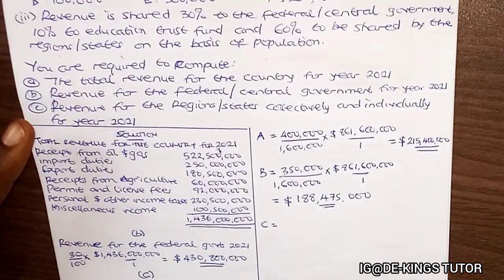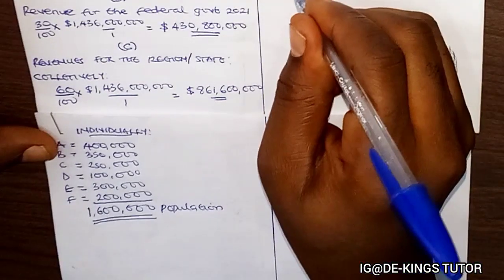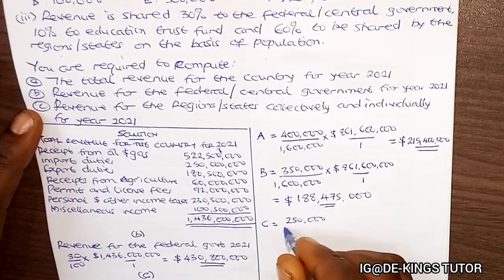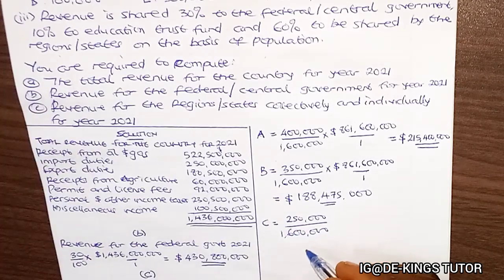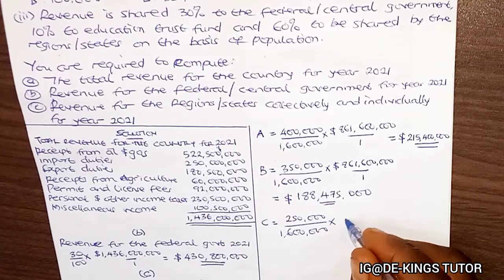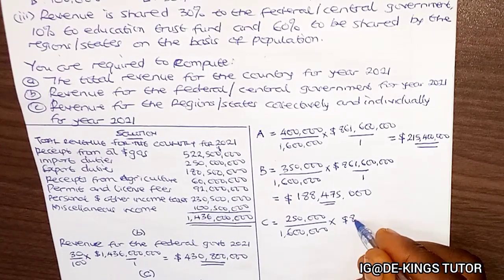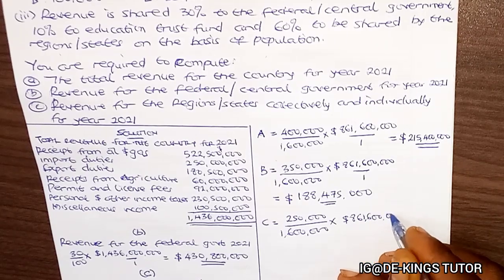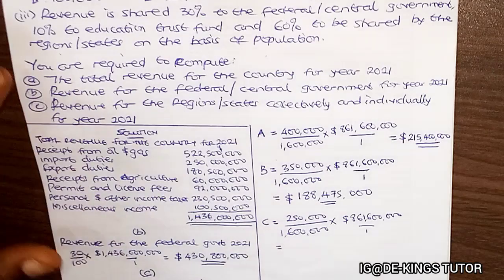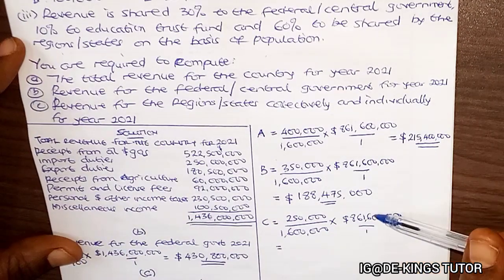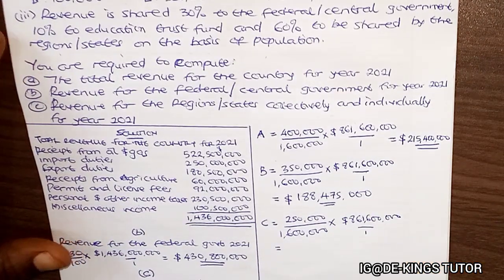Now for C, population is 250,000 divided by the total population 1,600,000 times 861,600,000.